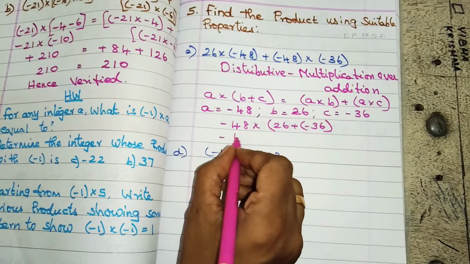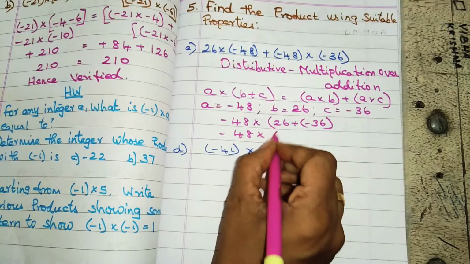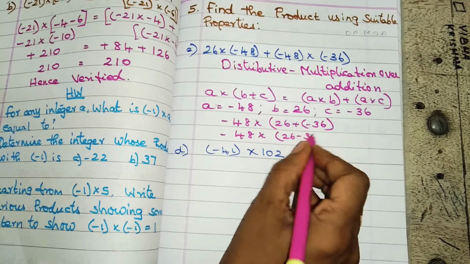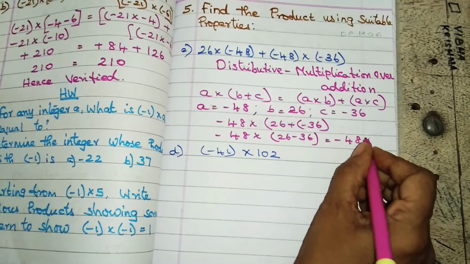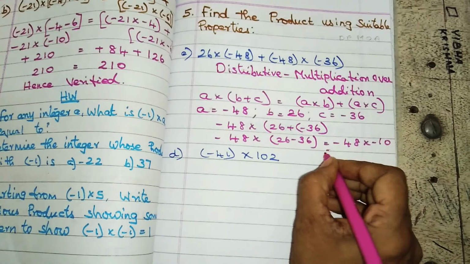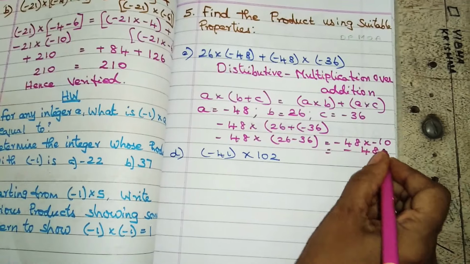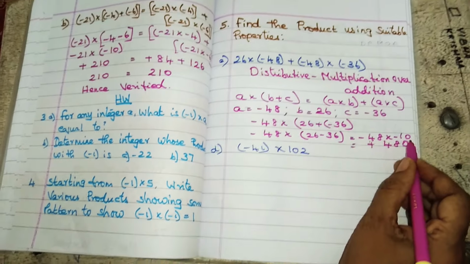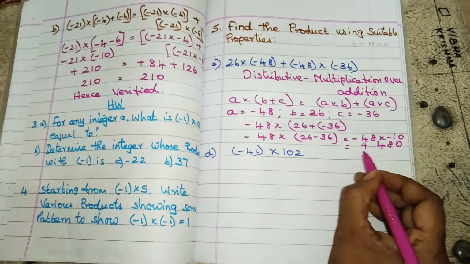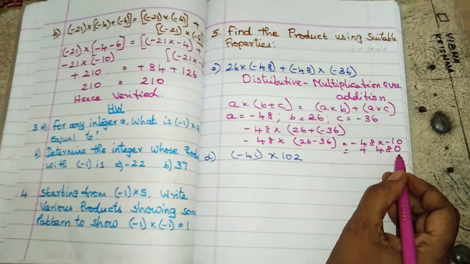So now minus 48 into 26 minus 36, which is minus 48 into minus 10, minus into minus plus, 480.